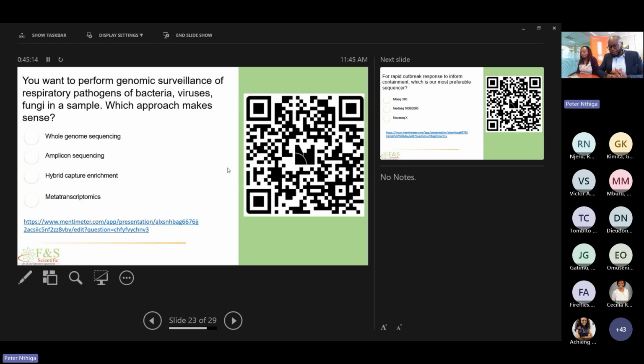Okay, hybrid capture. Amplicon and hybrid capture, okay. Or can apply depending on capacity, okay. Whole genome sequencing.